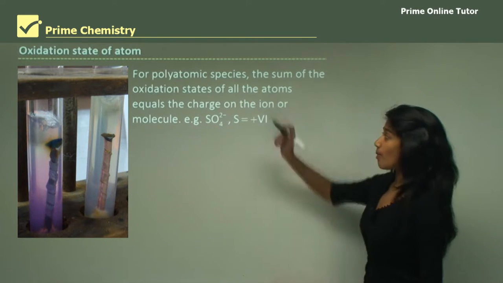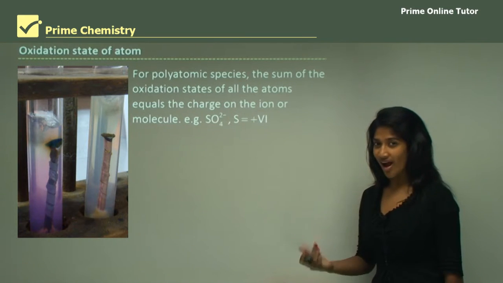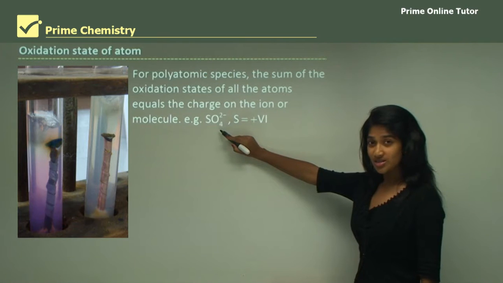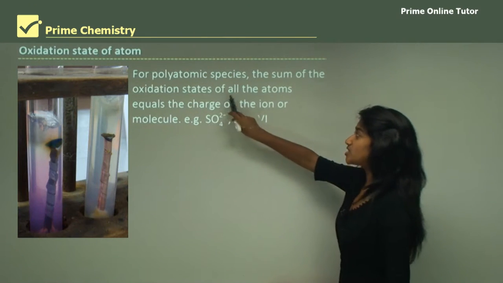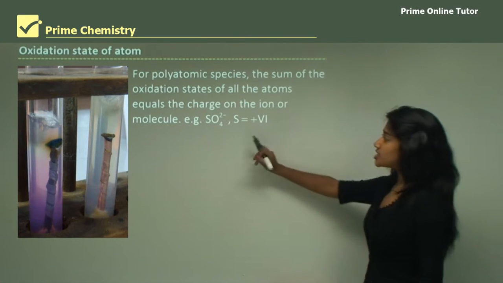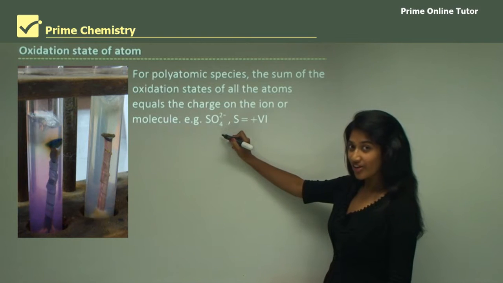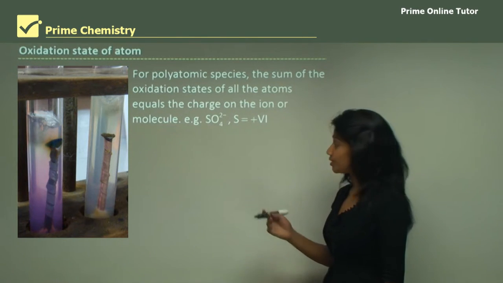For a polyatomic species, so a species that has more than one kind of atom, for example a sulfate ion, the sum of the oxidation states of all the atoms equals the charge on the ion. So for example here we have sulfate, and as you know, the sulfate ion has a charge of -2.